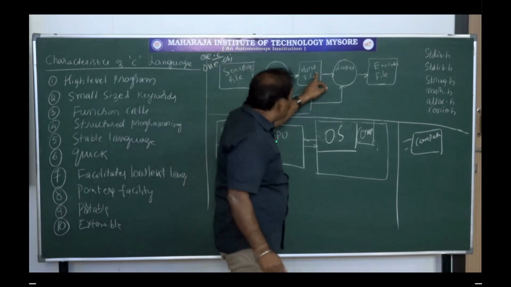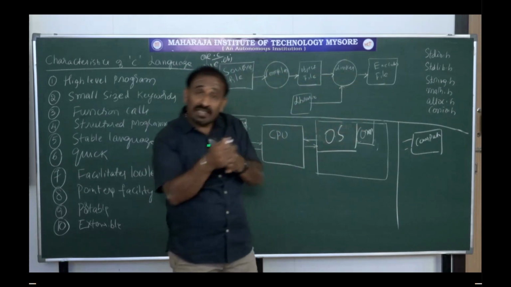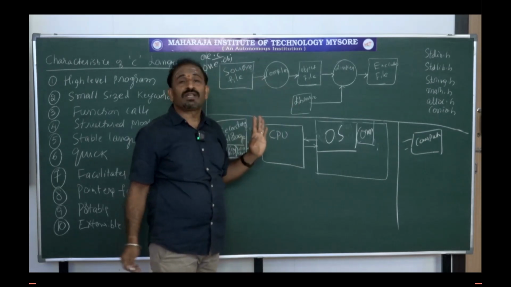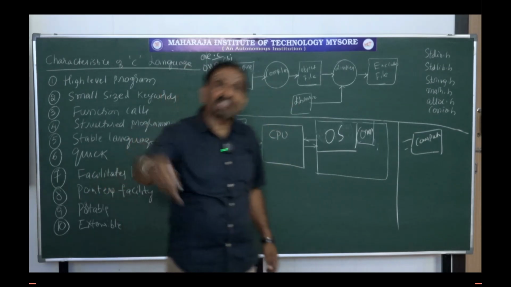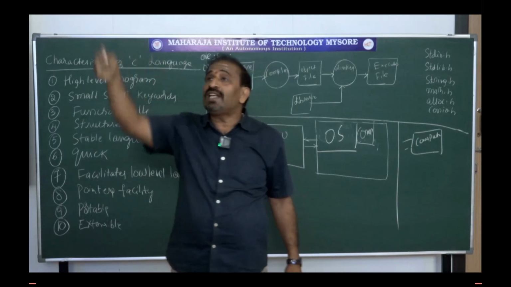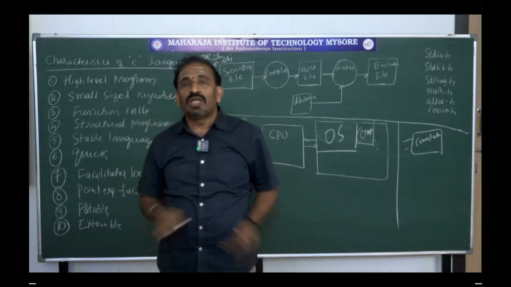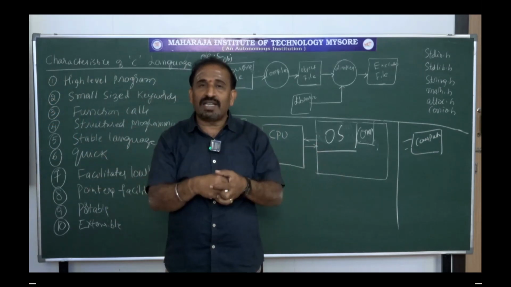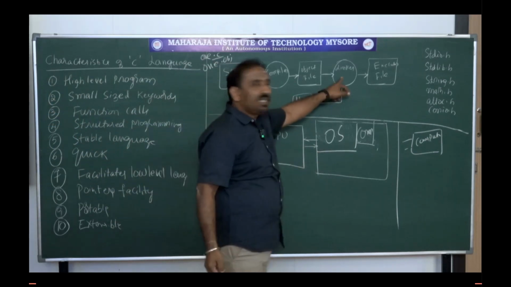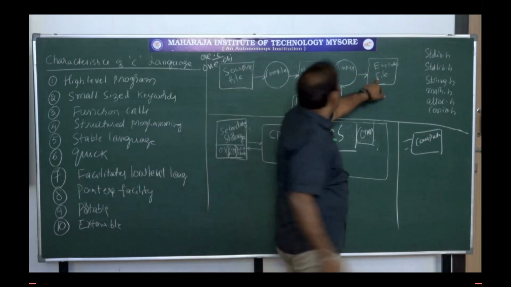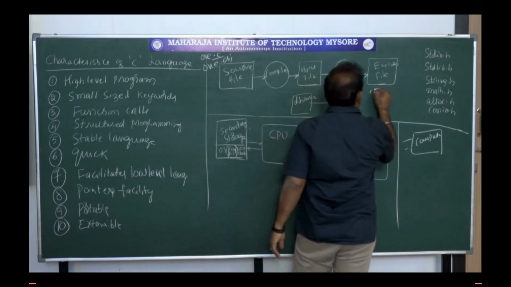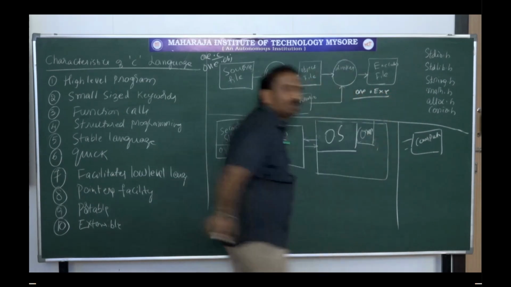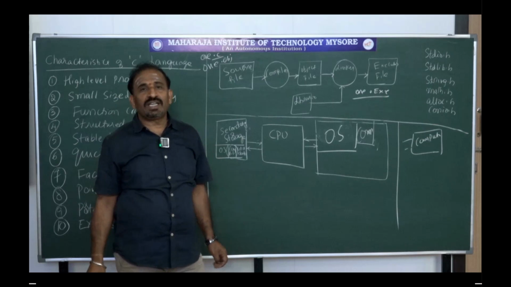Then that object file is now linked to libraries. We will see this in the subsequent classes, why libraries are so important. These libraries are connected by using a linker, and an executable file .exe is created. 1.exe is created.